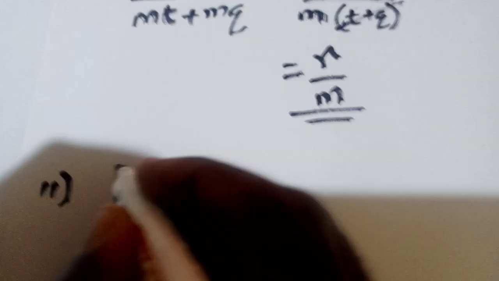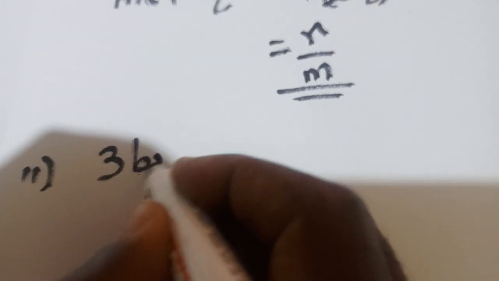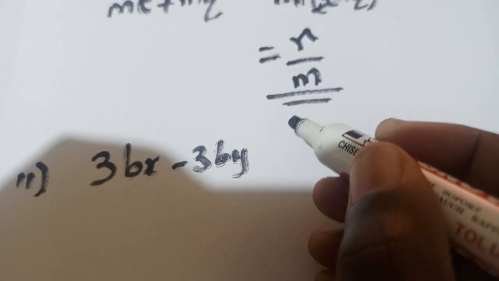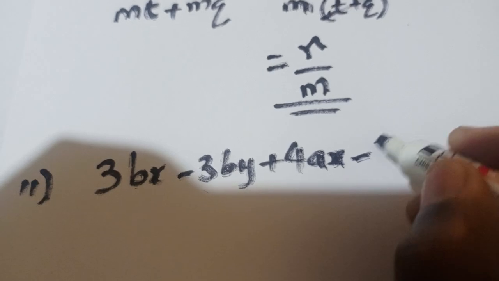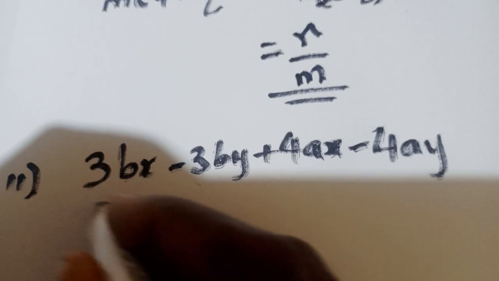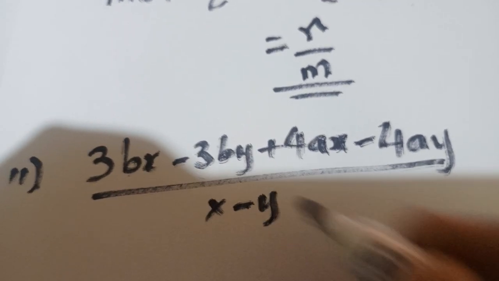Now let's look at another example. For instance, we could be asked to simplify 3bx minus 3by plus 4ax minus 4ay, all over x minus y.